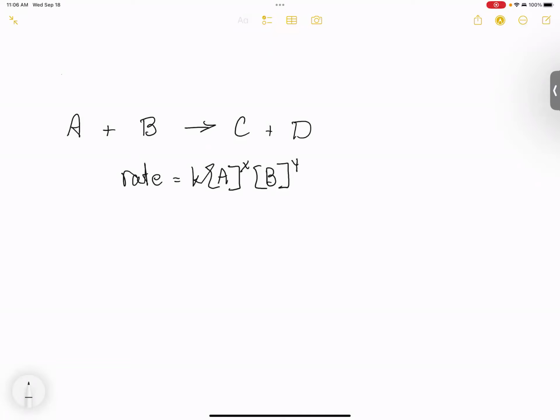The order tells you how many of that particular molecule must react in order for the reaction to occur. And it is that molecule or set of molecules that is responsible for the speed at which the reaction occurs.